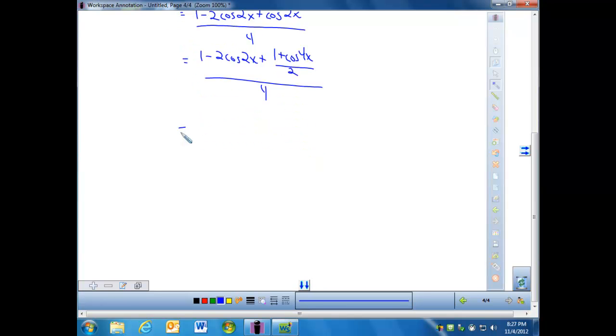Again, pause, go back, look at this again as often as you need to understand what's going on. So I'm going to take that 4 and divide it through each of those 3 terms on the top. That gives you a fourth minus a half of cosine 2x. That's 1 over 2 divided by 4, which is an eighth, plus an eighth cosine 4x. I can factor that eighth out of all of those terms and combine some like terms there.